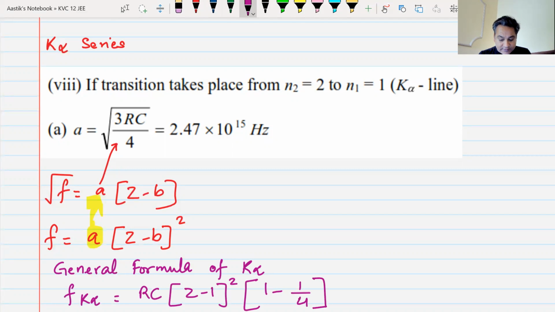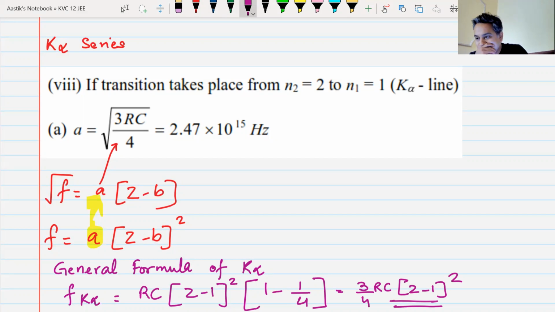Do you understand how I achieved this formula? n1 is 1 and n2 is 4. So you can write it as 3 by 4 RC into Z minus 1 the whole square. Do we get this? Yes, sir.